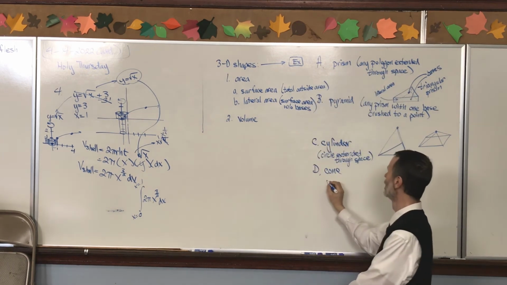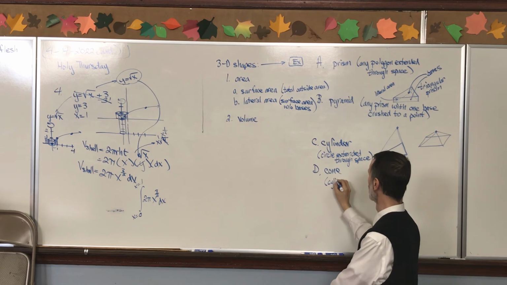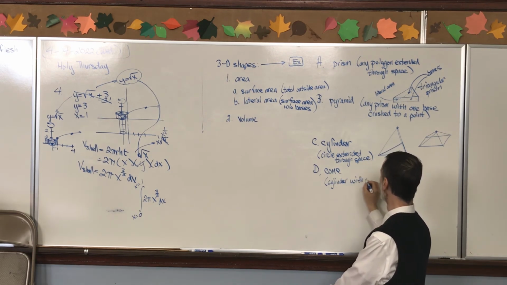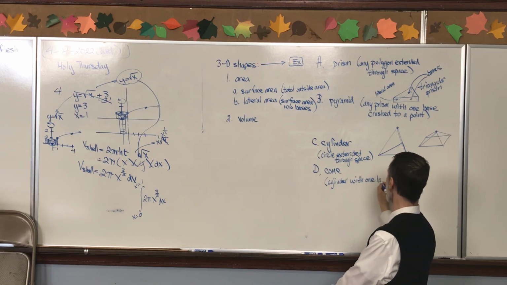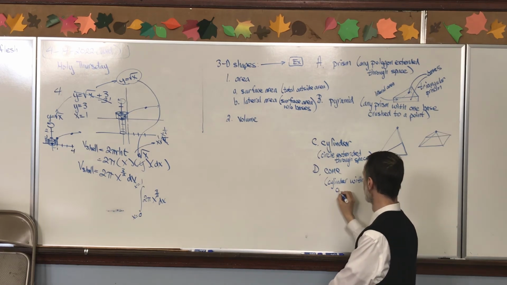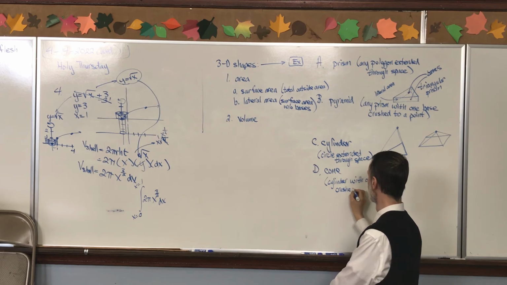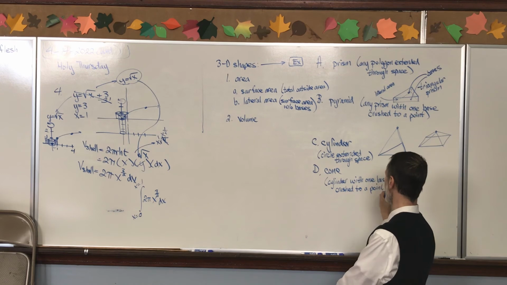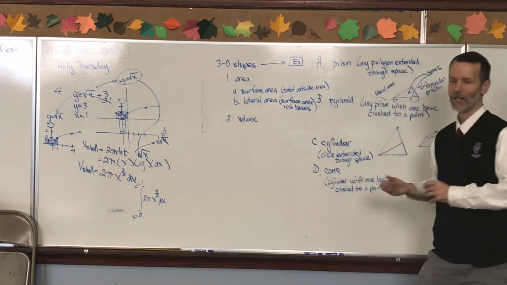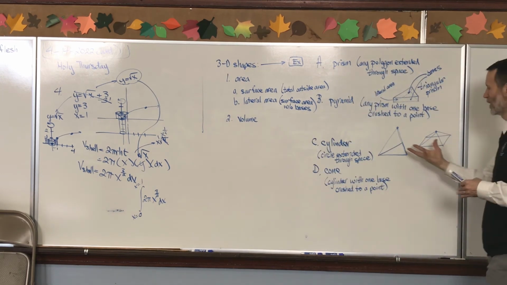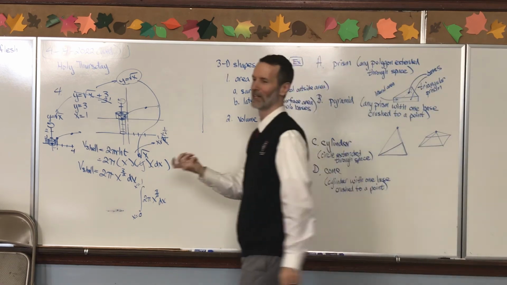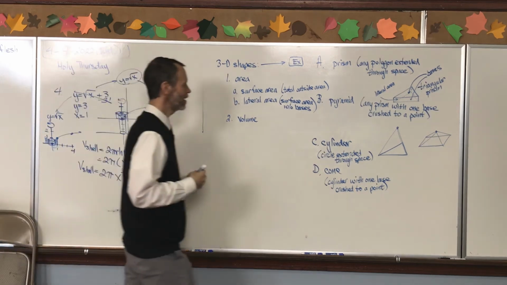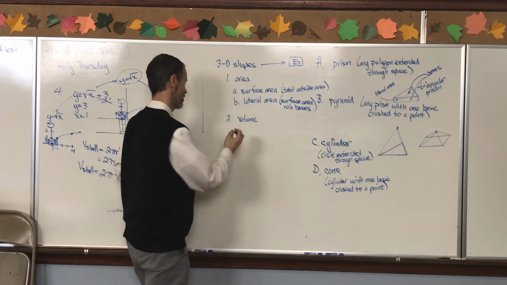And a cone is a cylinder with one base crushed to a point. You may see a strong similarity between cone and pyramid. They are. A cone is a circular pyramid, if you like. The volume of these things is actually, let me just show you.